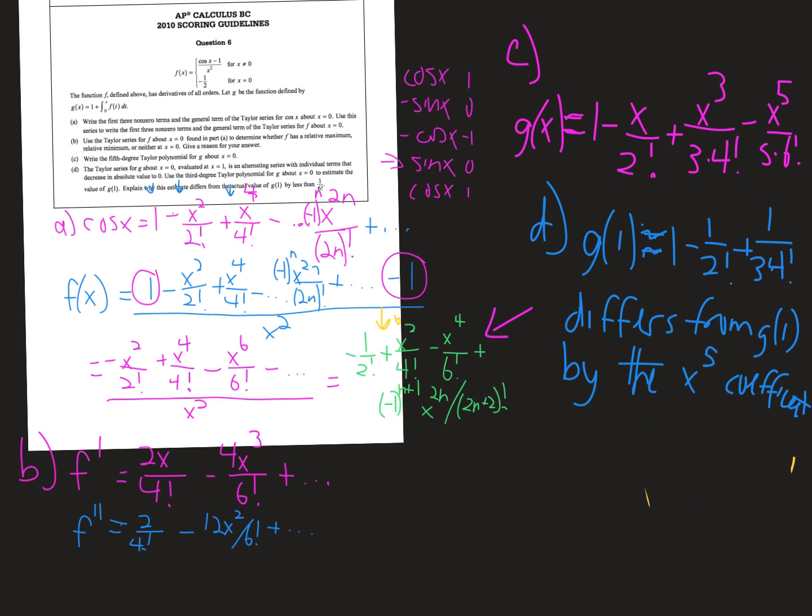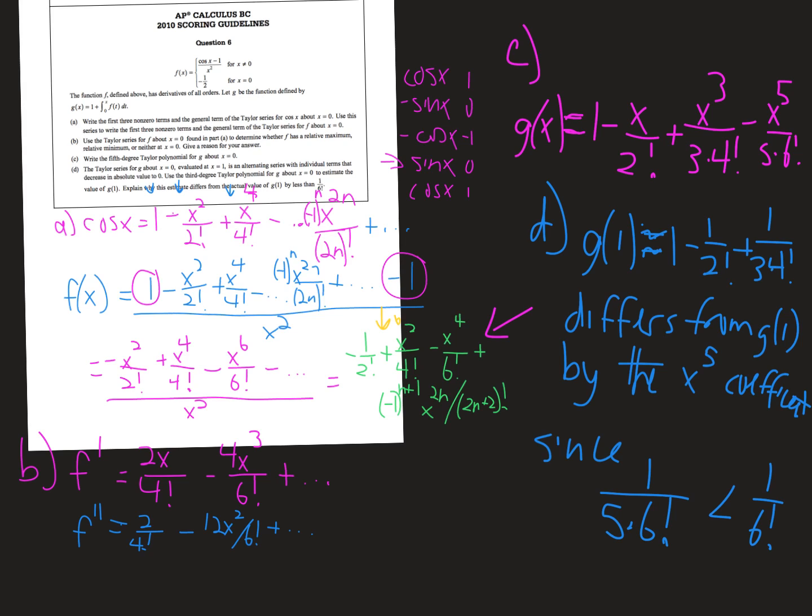So, since 1 over 5 times 6 factorial is less than 1 over 6 factorial, you would say the error is less than 1 over 6 factorial, which is what they're looking at.